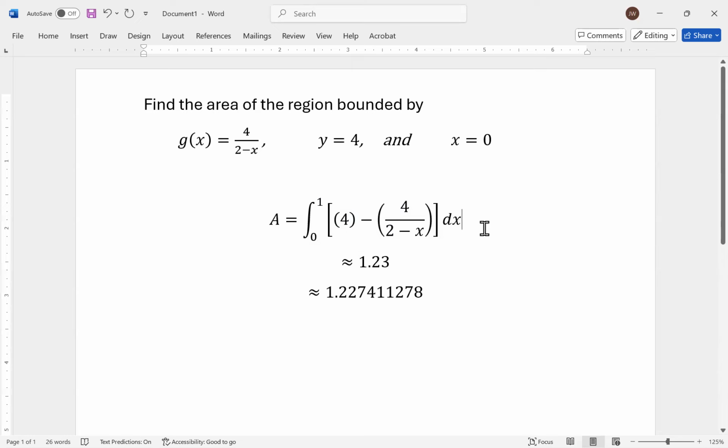If you did need an exact value, then you'd have to go back and find the antiderivative of 4, find the antiderivative of negative 4 over 2 minus x by hand, which is just a natural log calculation, and then plug in 0, plug in 1. So there we go.